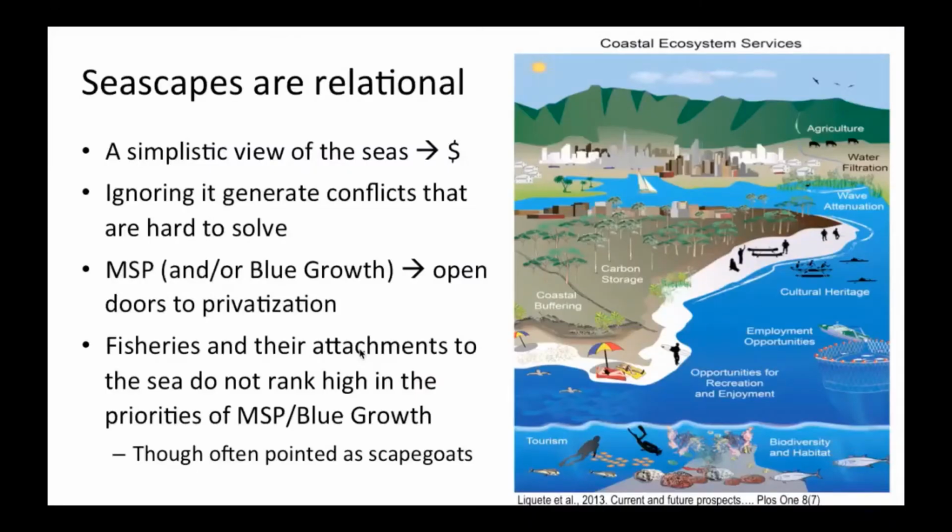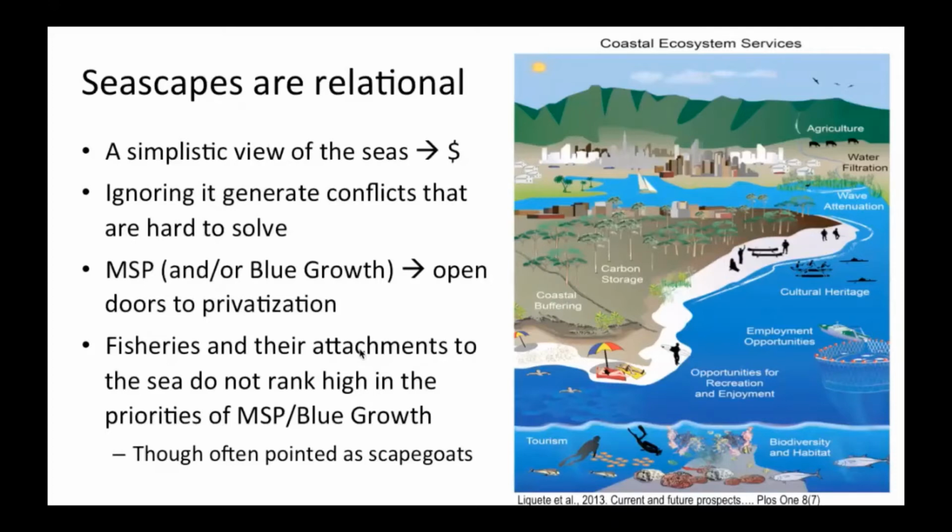And one of the things that sometimes people in charge, it can be the government agency in charge of proposing MSP, cannot realize is that for local communities, the oceans, the seas, are just not places where you get your income from.